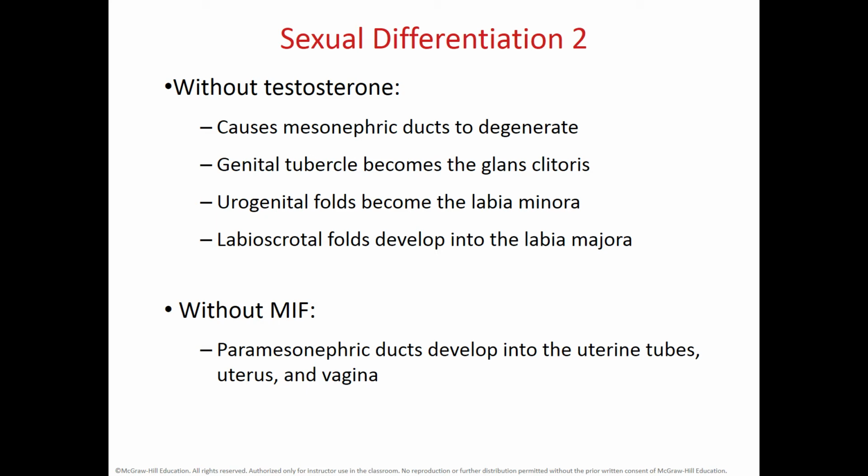And then the genital tubercle, the one that is going to become the penis in males, will become the glans of the clitoris in females. And then the urogenital folds will form the labia minora, while the labioscrotal folds will form the labia majora. And then without the Mullerian inhibiting factor, the paramesonephric ducts will develop into the oviducts or uterine tubes and into the uterus and vagina.